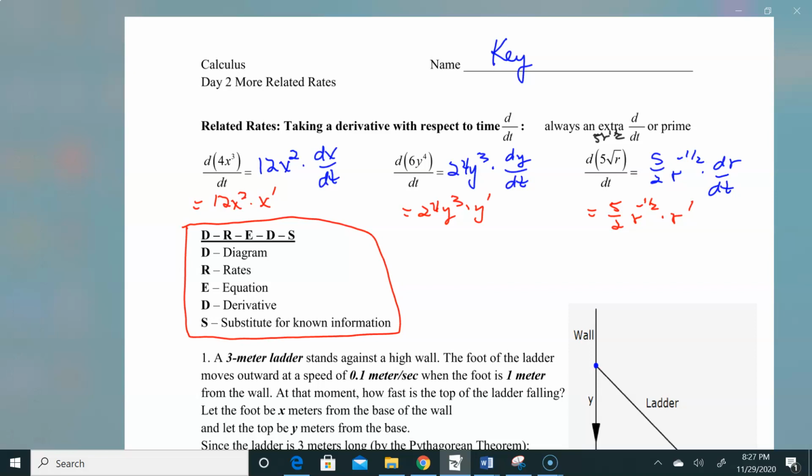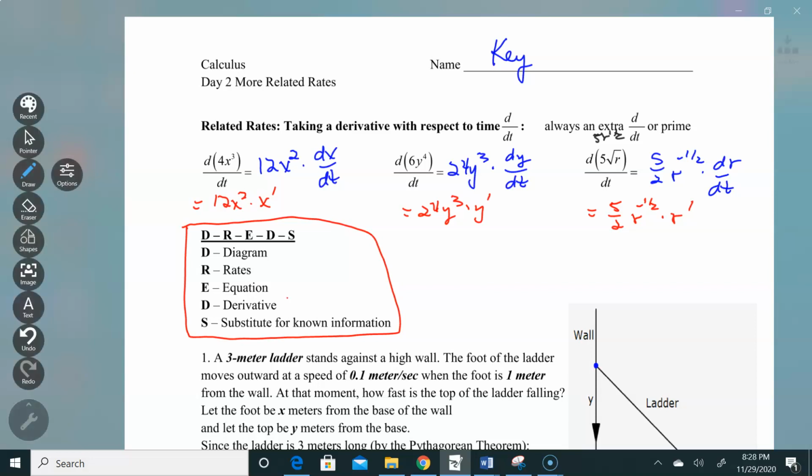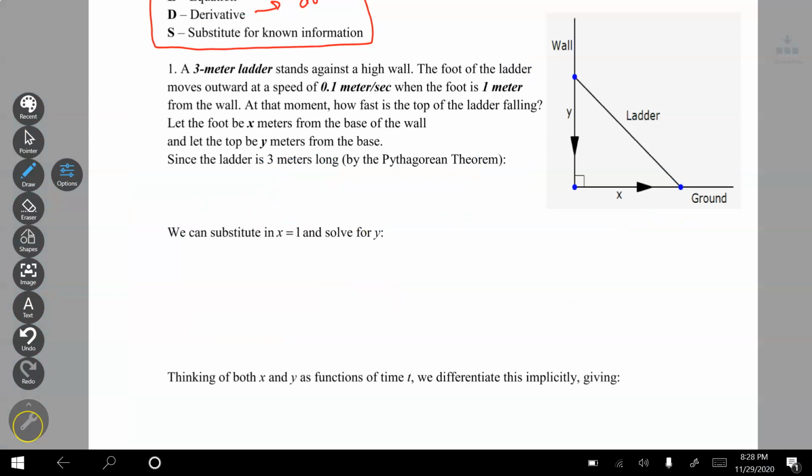Then we write out a general equation, whether it's a Pythagorean theorem or an area or a volume, whatever type of equation we're dealing with. We take its derivative, or its d/dt, of that, and then we substitute in all the given information that we have, and we're able to solve the problem. So as you can see, I kind of have my diagram already here.